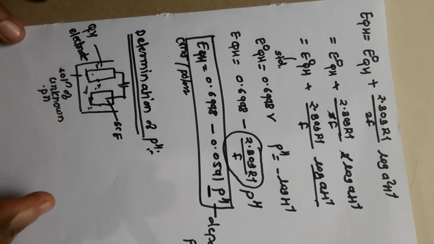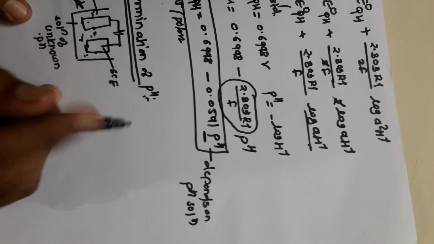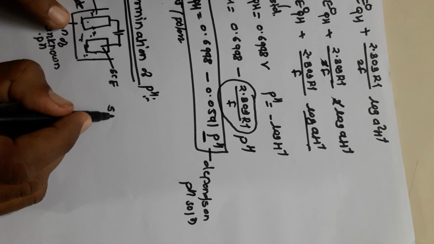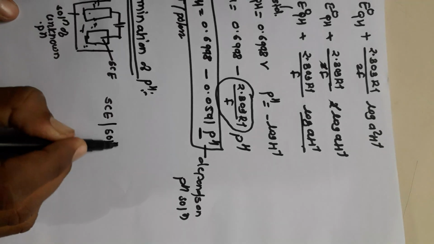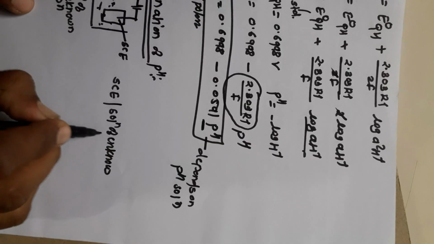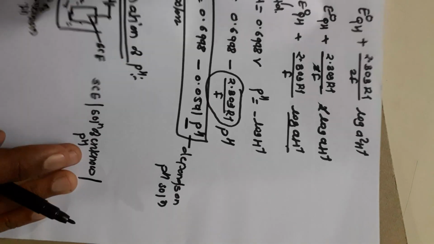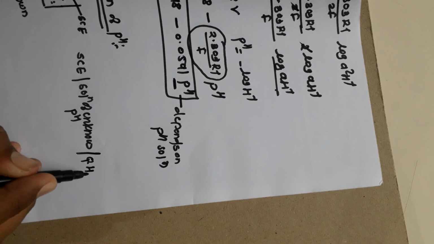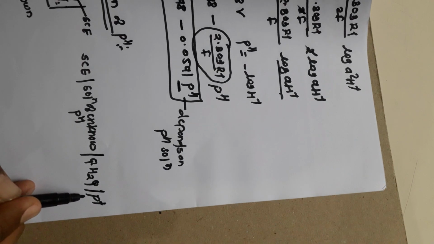Then how to calculate the pH of the solution? See the representation of this cell: saturated calomel electrode, solution of unknown pH, then quinhydrone electrode, then platinum wire, which is only used for electric contact.